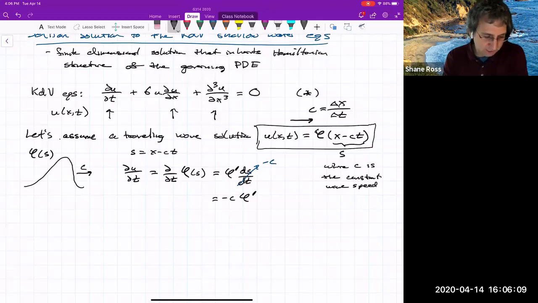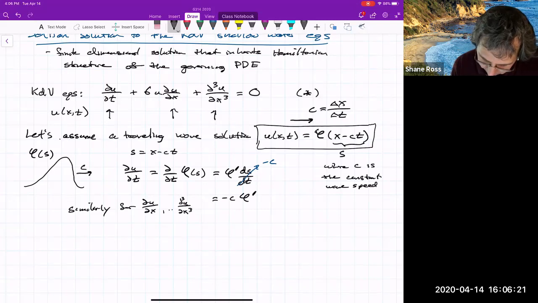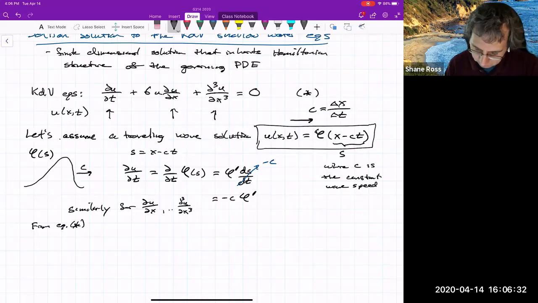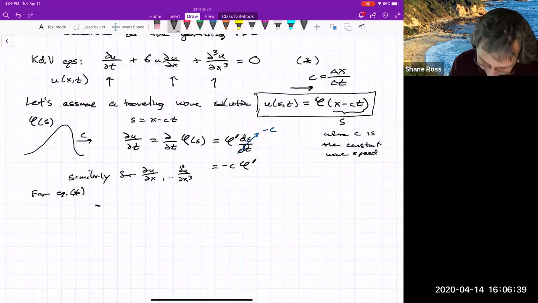And similarly for partial u partial x, and the triple derivative of u with respect to x. So from the KdV PDE, partial differential equation, we get the following ordinary differential equation.